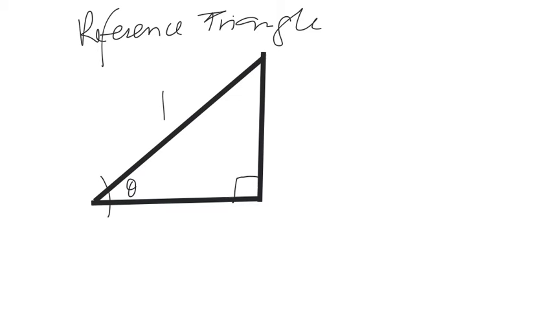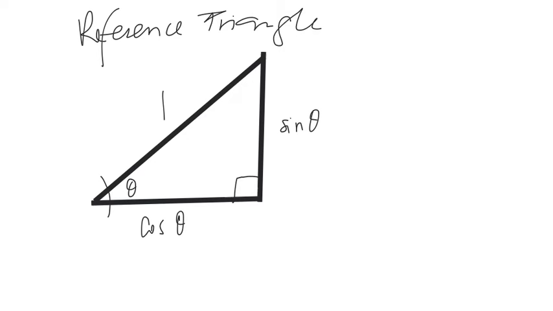We make that 1 for the hypotenuse. And then the other sides take on very interesting values, and you'll remember these perhaps from the trig trainer, but the adjacent side basically takes on the value of cosine of theta, and the opposite side takes on this value of sine of theta.